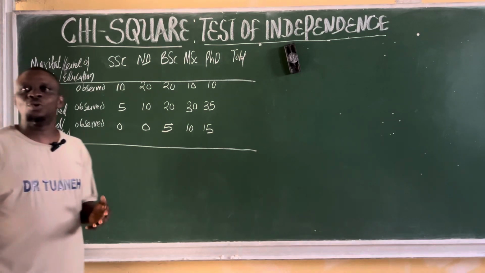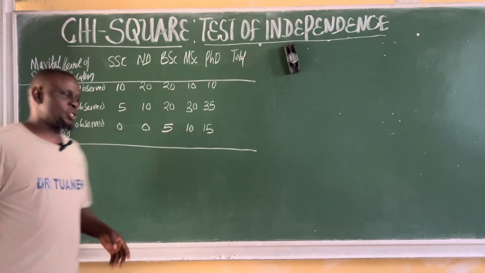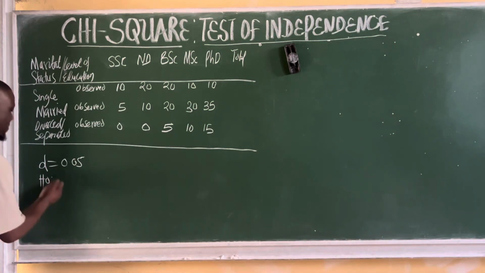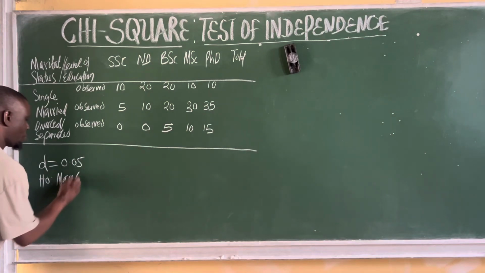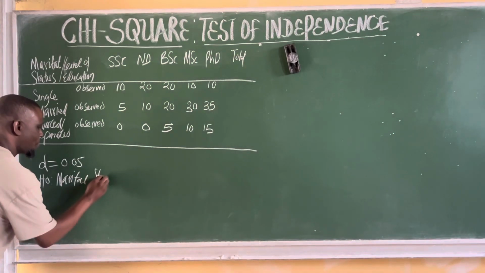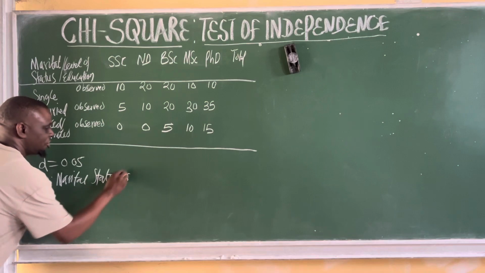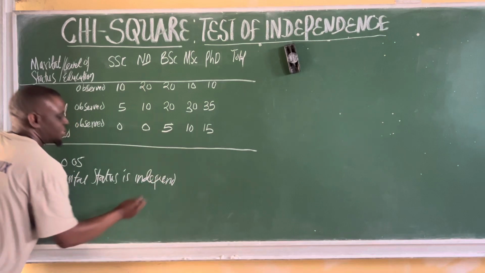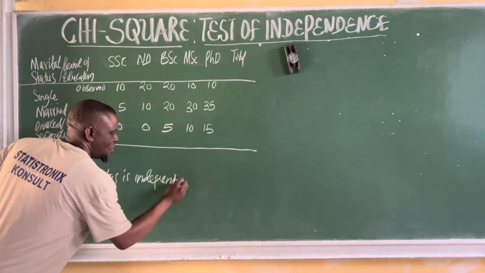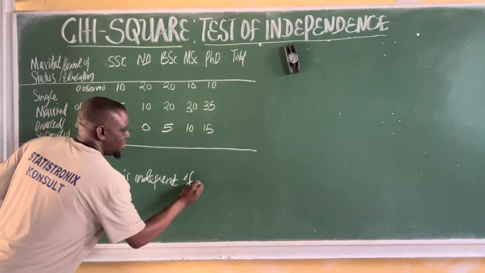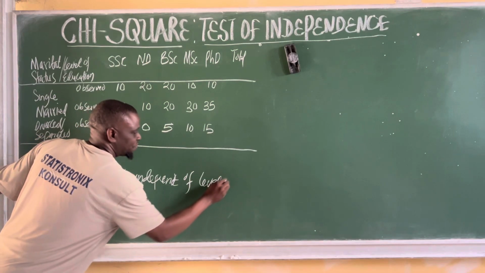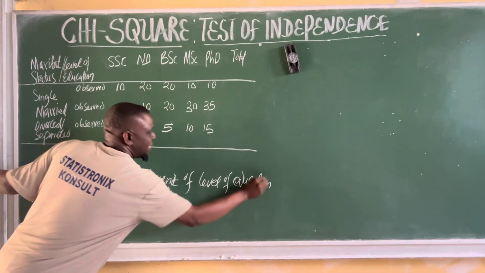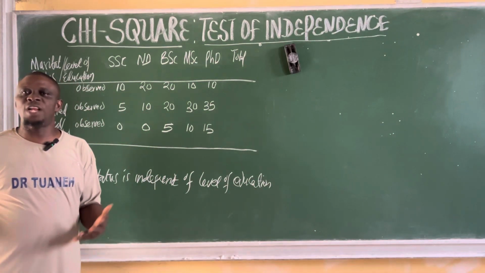Now, the next thing to do is to state our hypothesis. So we'll say H0: marital status is independent of level of education.